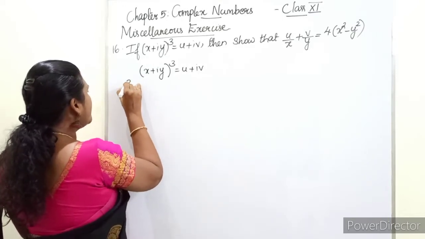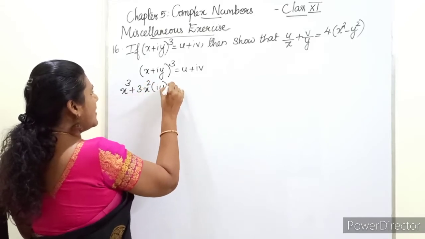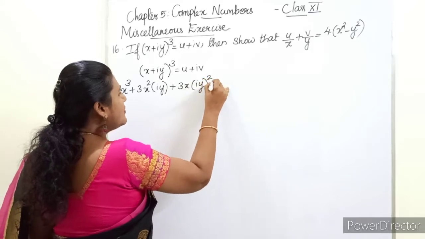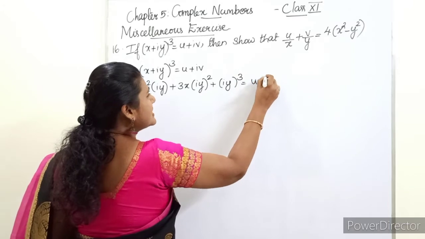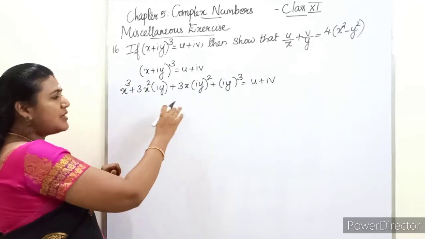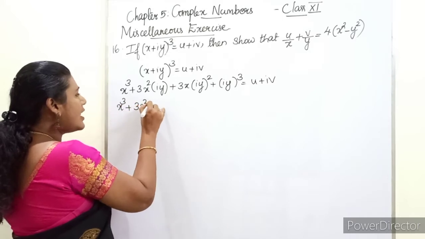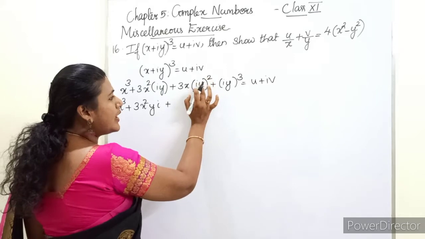So x³ + 3x²(iy) + 3x(iy)² + (iy)³ = u + iv. Now we will simplify this. So x³ + 3x²yi, and the third term is i²y².